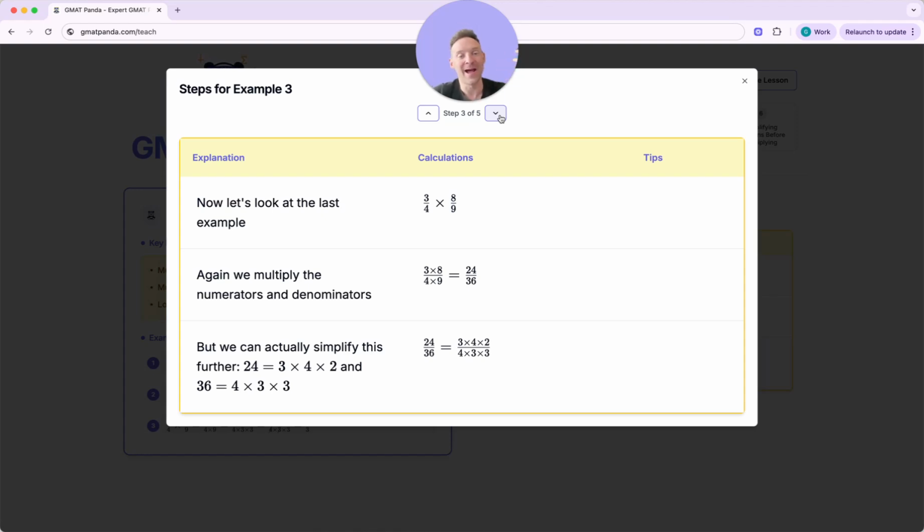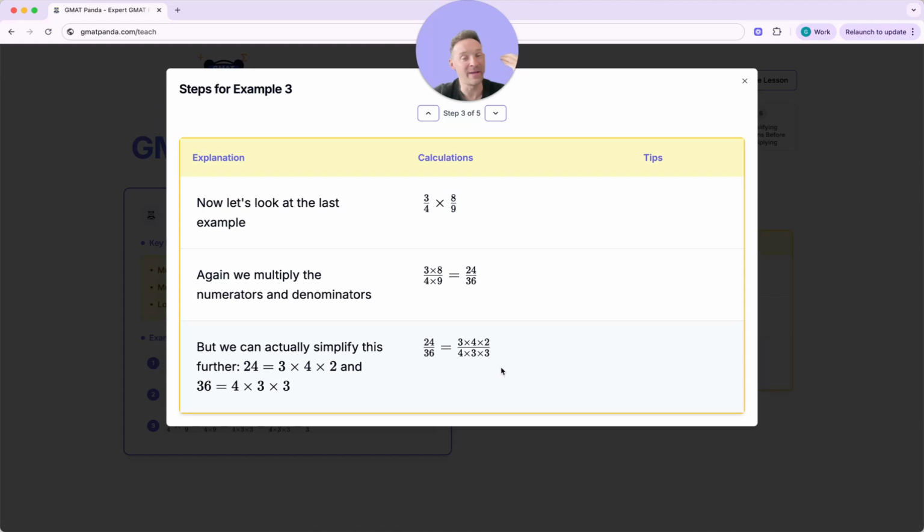The teacher would get you to identify that 24 is 3 times 4 times 2. You can do that in steps: first say that 24 is 12 times 2 and then split the 12 into 3 times 4. Then for 36, a similar approach would get you to 4 times 3 times 3.